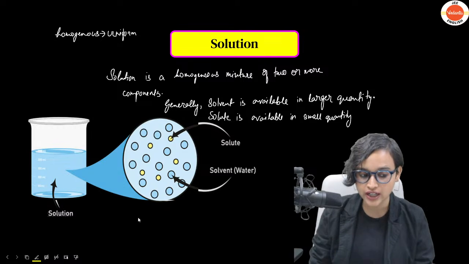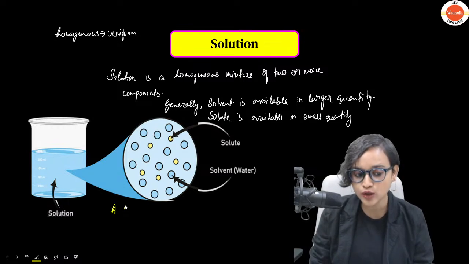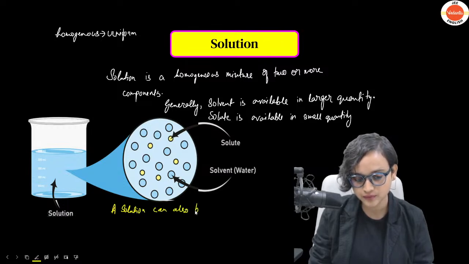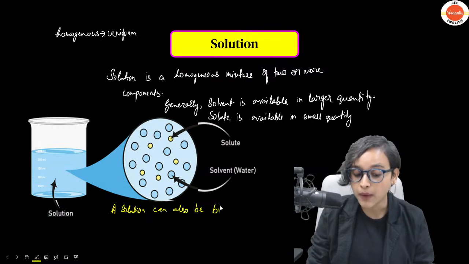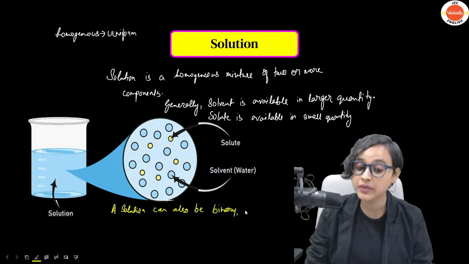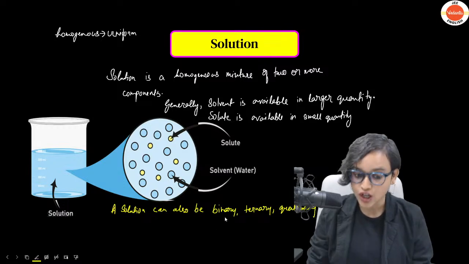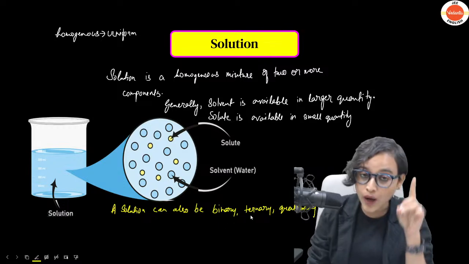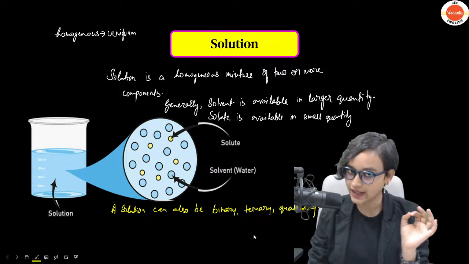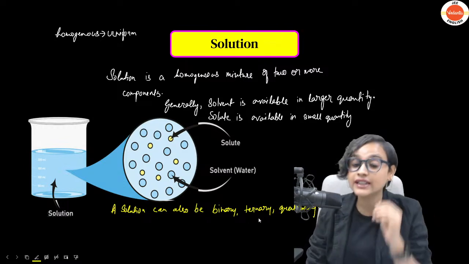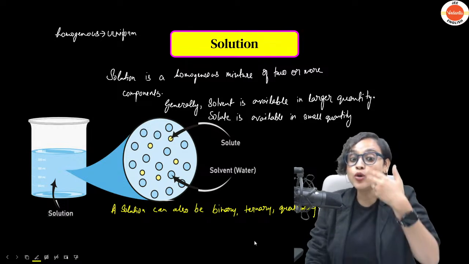A solution can also be binary, it can be ternary, and it can be quaternary. If it is binary, there will be one solute and one solvent. But if it is ternary, then there are possibilities that there are more solutes.